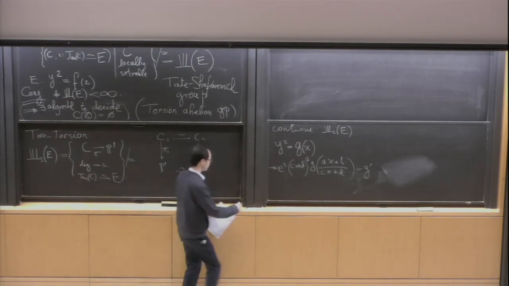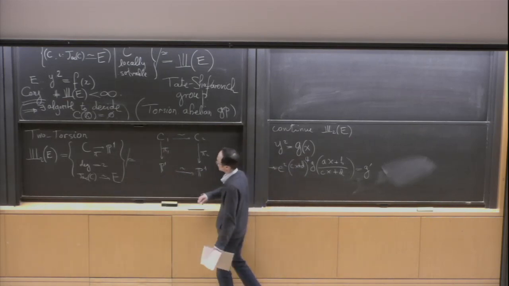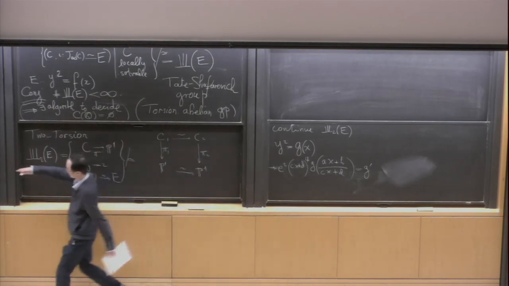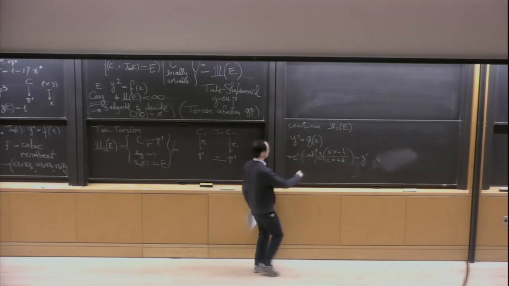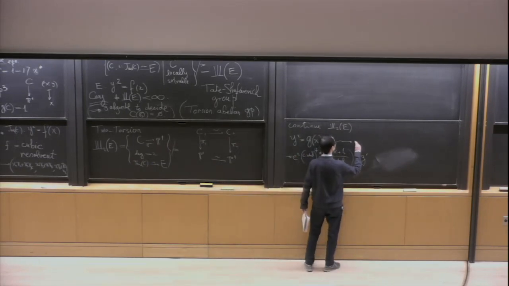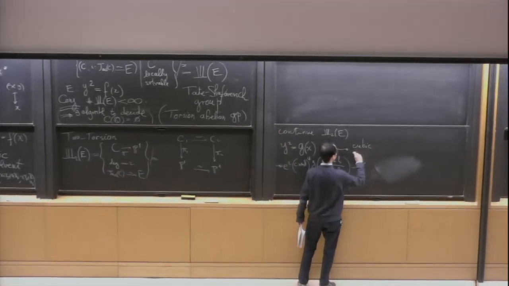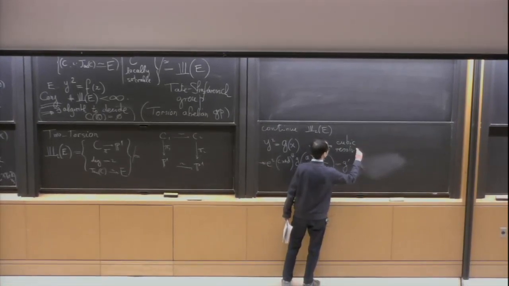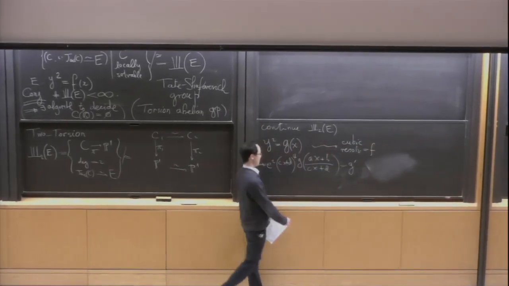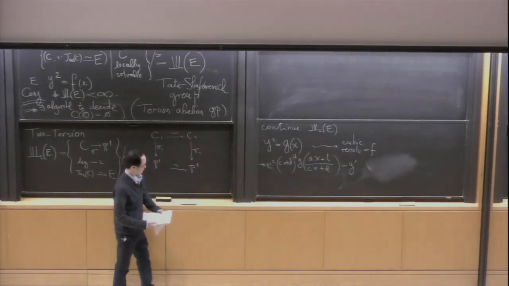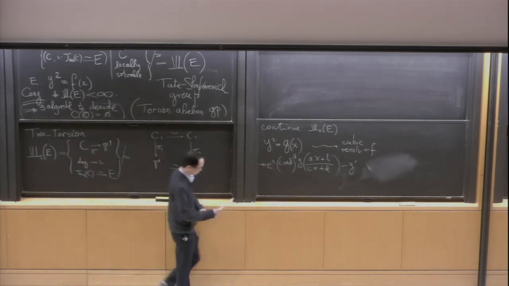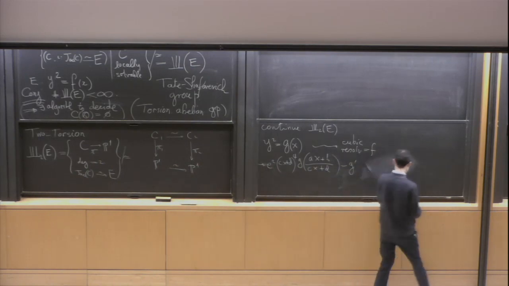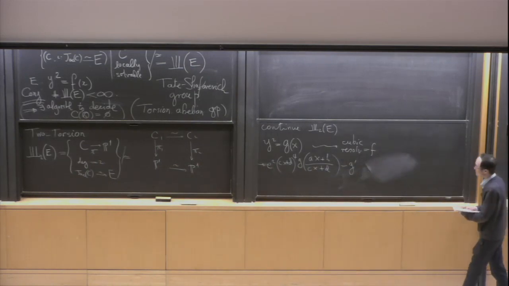And of course, you want the cubic resolvent to be the same. So the cubic resolvent should be given. So that's one way of concretely realizing elements in the two torsion.